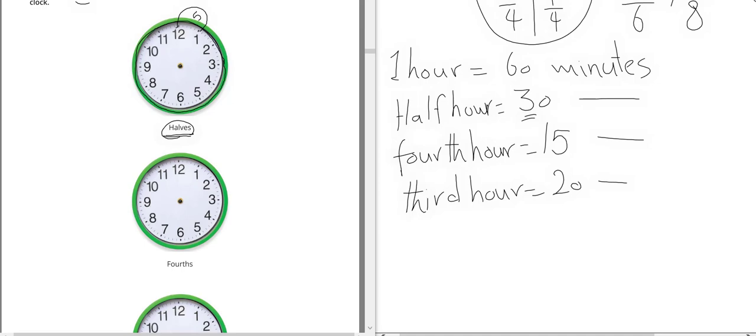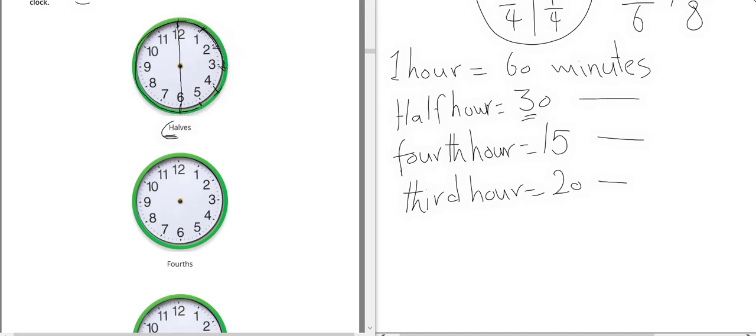So we want to pass 30 minutes to divide the first clock into two halves. So 5, 10, 15, 20, 25, 30. So we divide this clock face from 12 to 6.